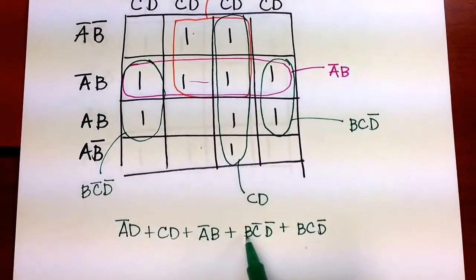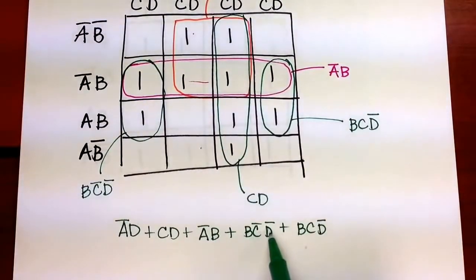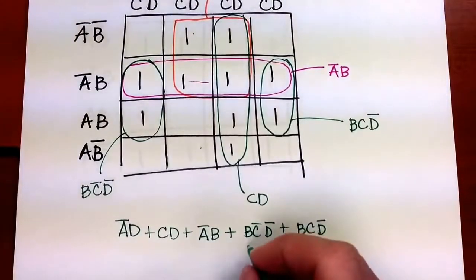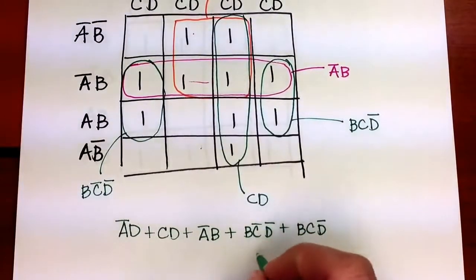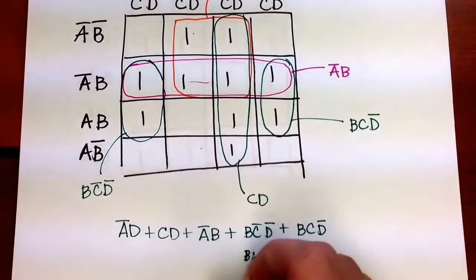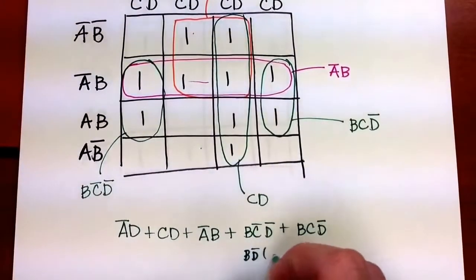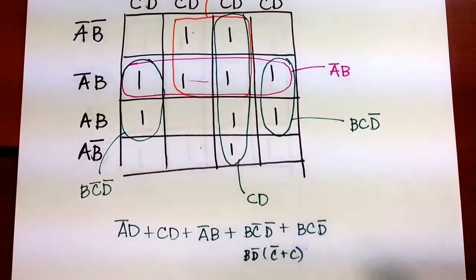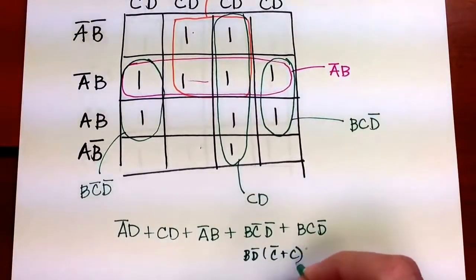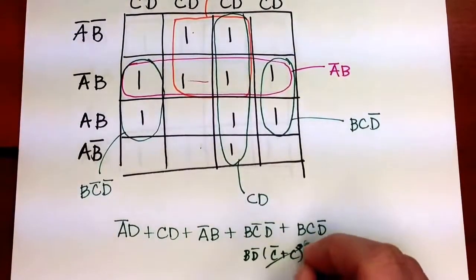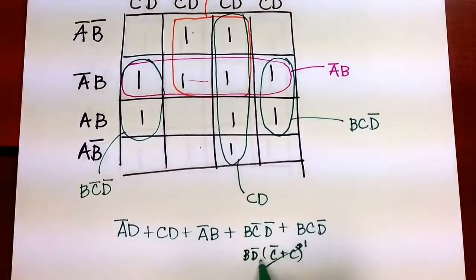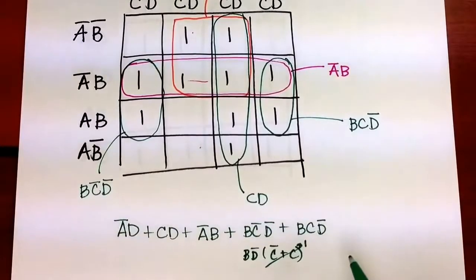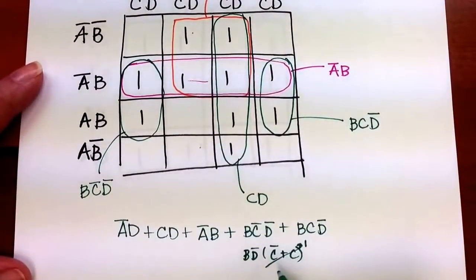I have B, not C, not D, and B, C, not D. Just thinking about my Boolean, I could factor out B, not D out of that term, and I would get not C or C. And not C or C is always 1, right? So that would make that term B, not D. So since there was a further simplification, there's something wrong with my K-map.